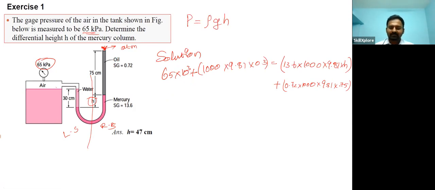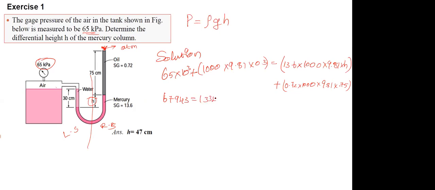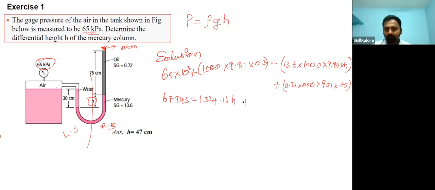So is anyone having the answer? So this one is 67943 equal to 4.16 h.